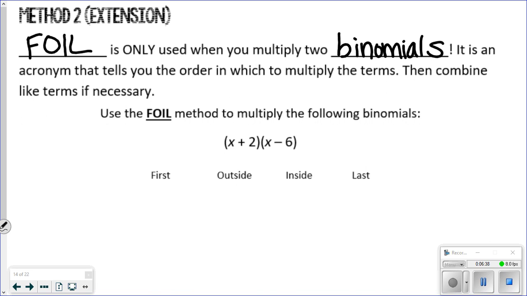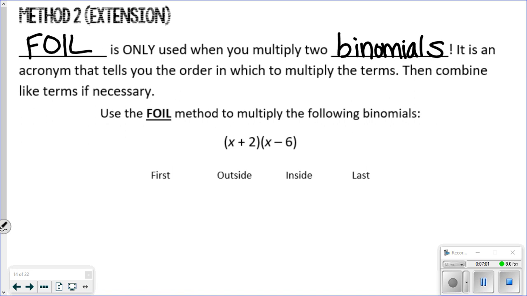But I learned this when I was in high school, and I still hear people talking about this all the time. So FOIL is an acronym that tells you the order in which to multiply the terms in your two binomials. Okay, so this might be faster for you to think about it this way instead of your distributive property.